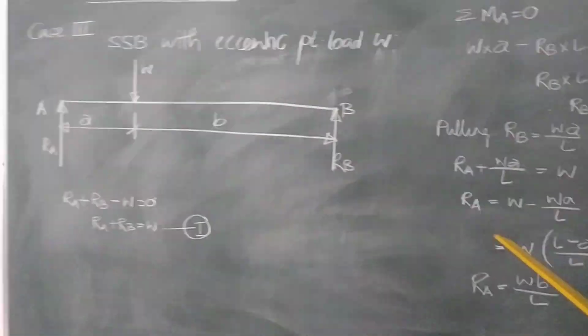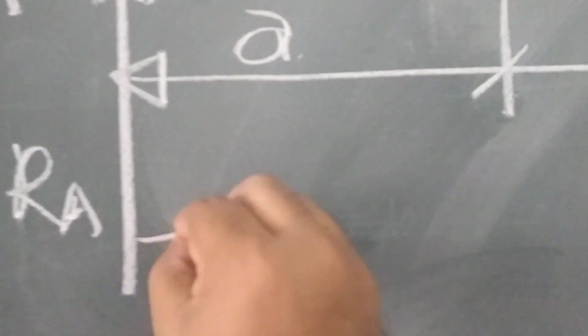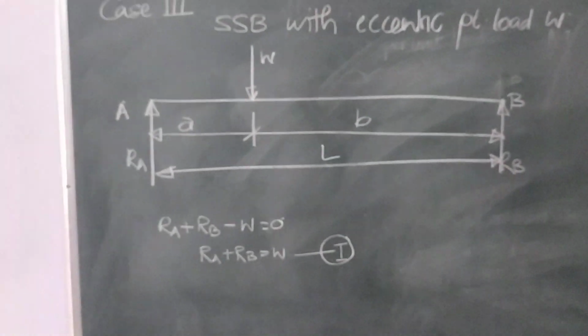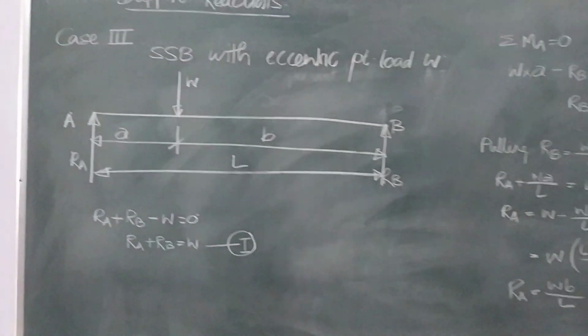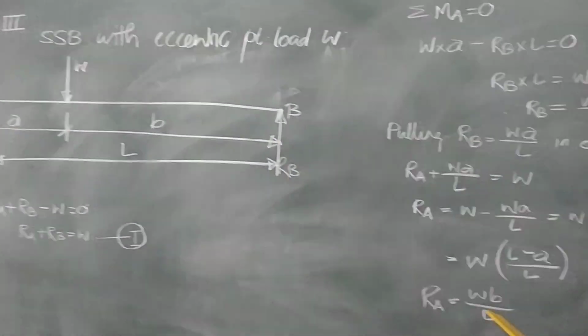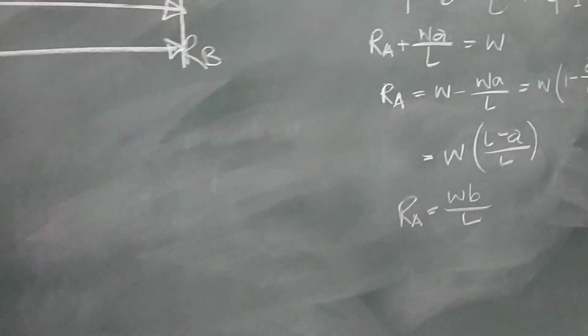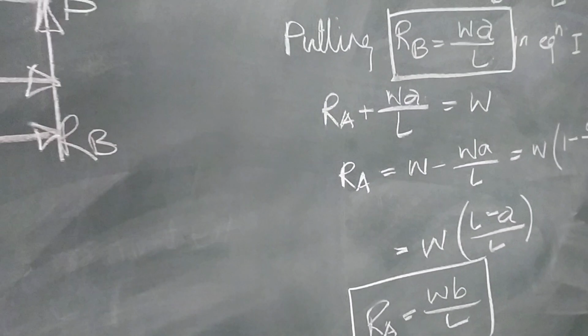But what is L minus a? This is the complete length L, and L minus a is nothing but b. So here you will get Ra equal to Wb upon L. So this is the value of Ra and this is the value of Rb.